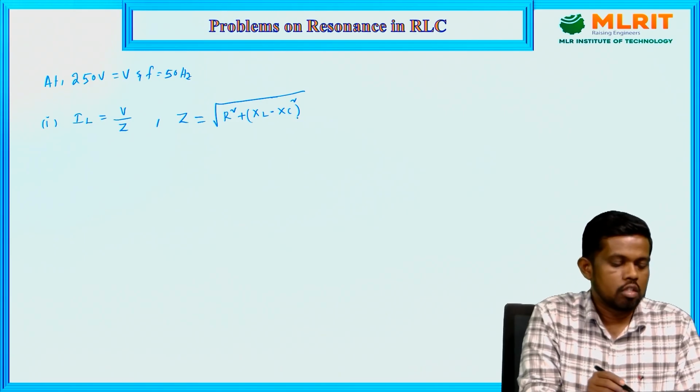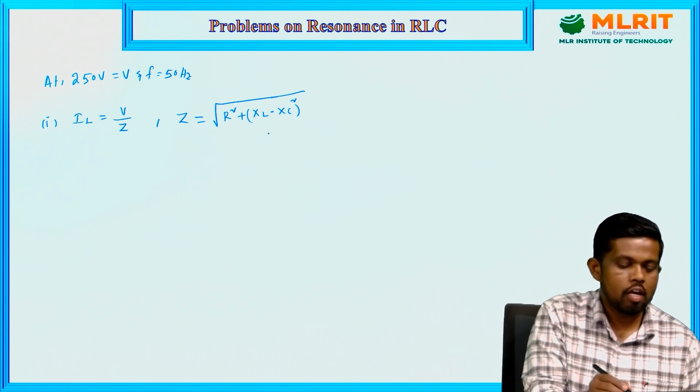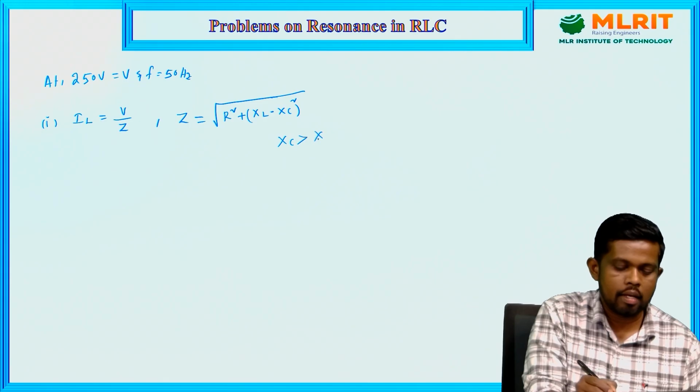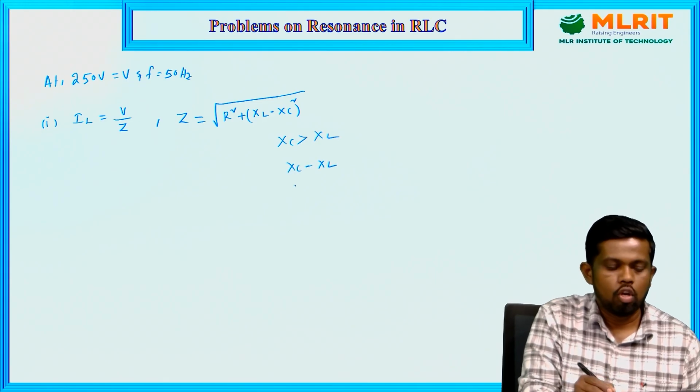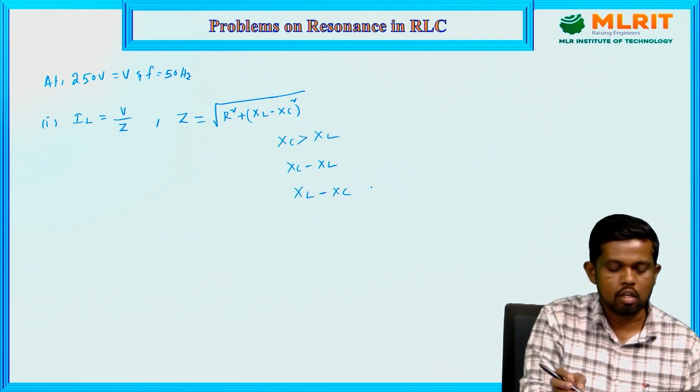That was discussed in the RLC series circuit. If it is capacitor domination over the inductor, then we consider XC greater than XL, which means XC minus XL. If the network is dominated by XL, which is inductive, then we consider XL minus XC. Based on the condition only, we take this one.